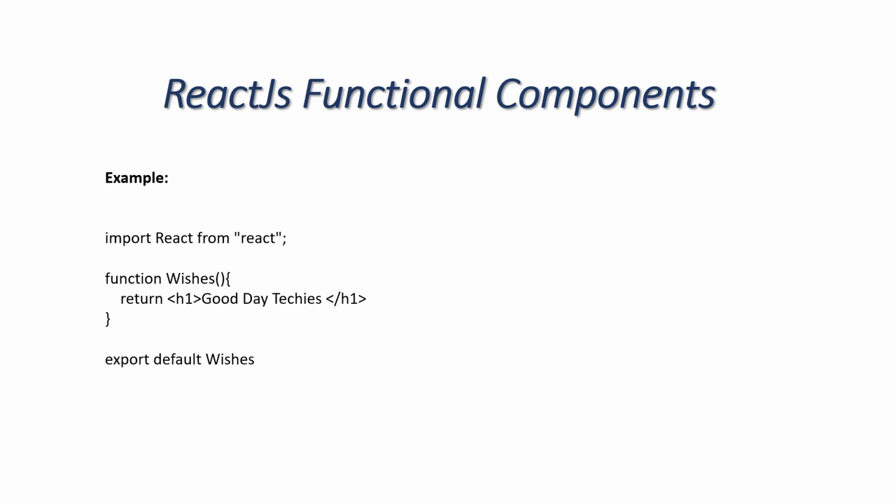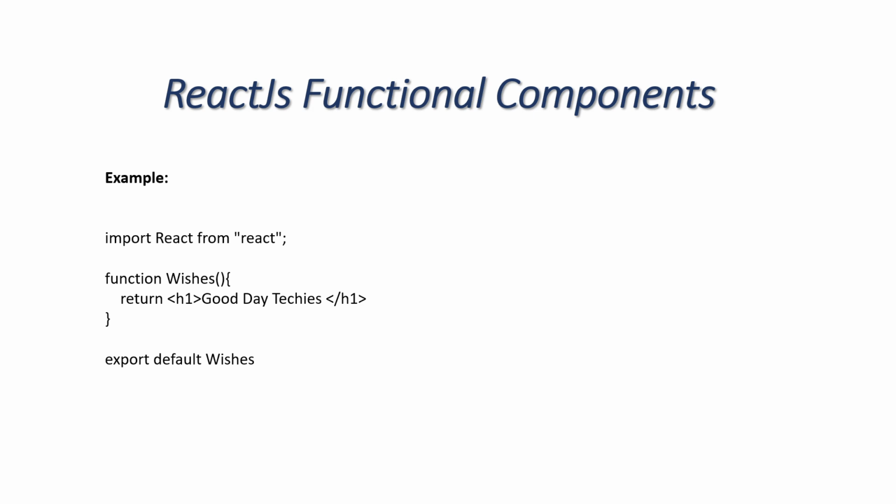Let's see a basic functional component example. We use the keyword function to define the functional component, and then we give it a name. Here I am creating a function with the name wishes. This is the functional component we are creating.